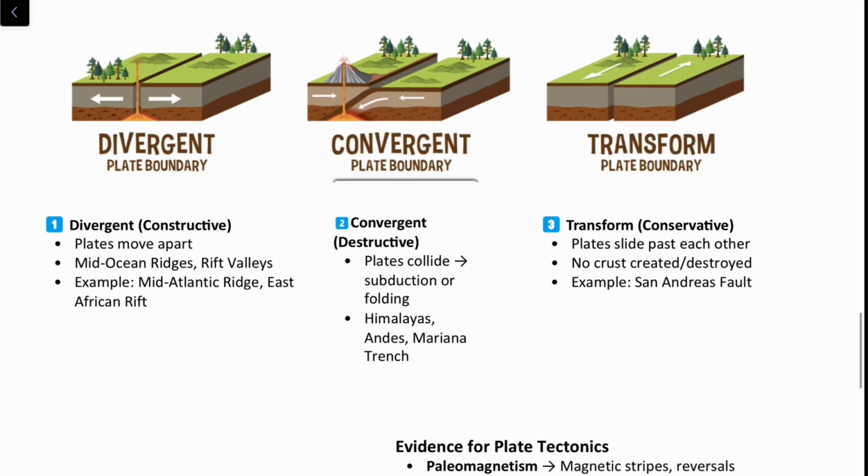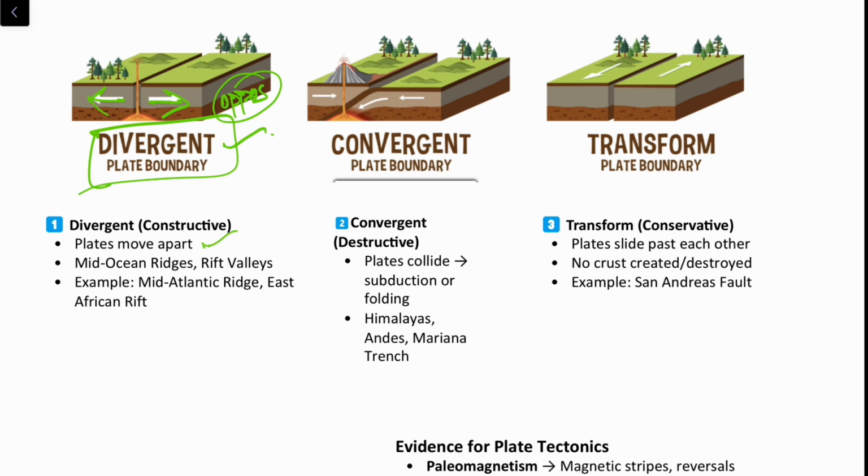Okay, the plate movement. We have discussed the plates, right? So how are they moving? Now we can see the plate movements. Suppose two plates are traveling in the opposite direction, then we call it the divergent plate boundary.